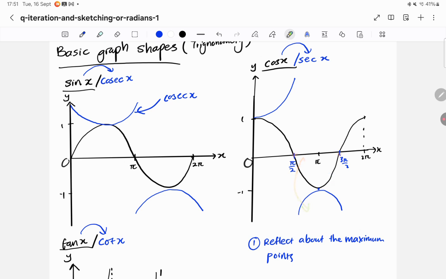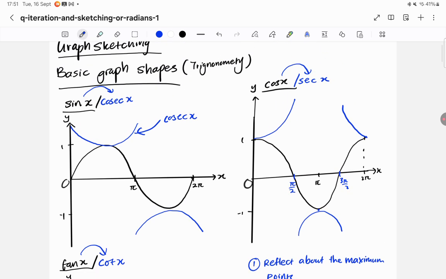And now the next maximum point here, we're going to do the same thing as we did for the first one, reflecting it from here all the way here. So we should be getting something like this, forgive my drawing please. So that's your entire secant graph. I'm sorry if my drawing isn't that accurate, but you should get something like this.